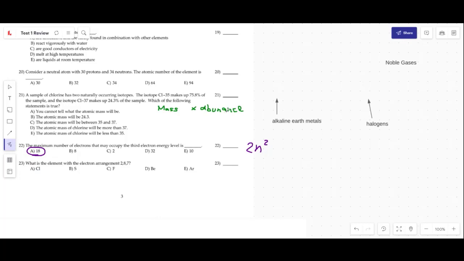So the mass is 35. Chlorine-35 has a mass of 35, right? And the abundance is 75.8%. Chlorine-37 has a mass of 37, and the abundance is 24.3%.